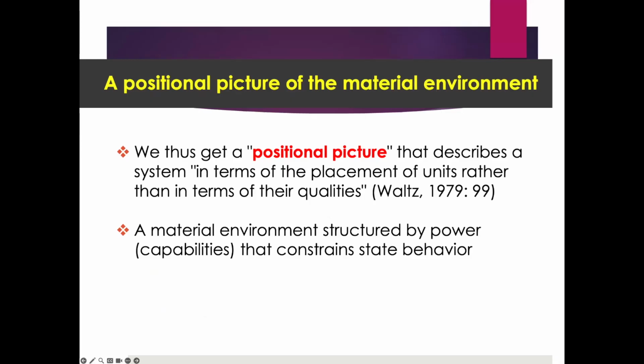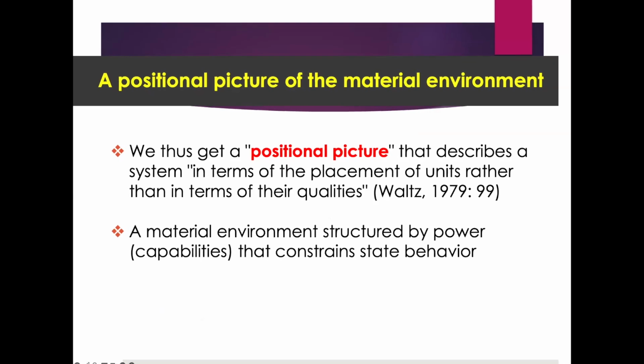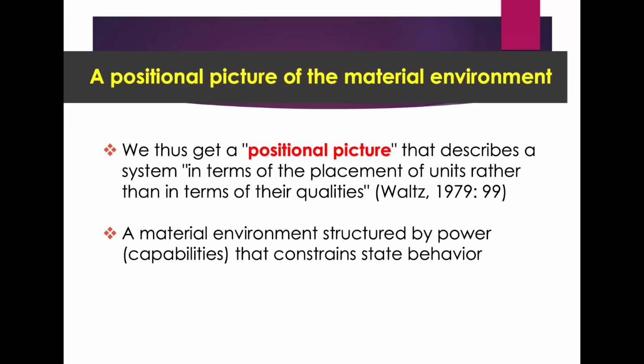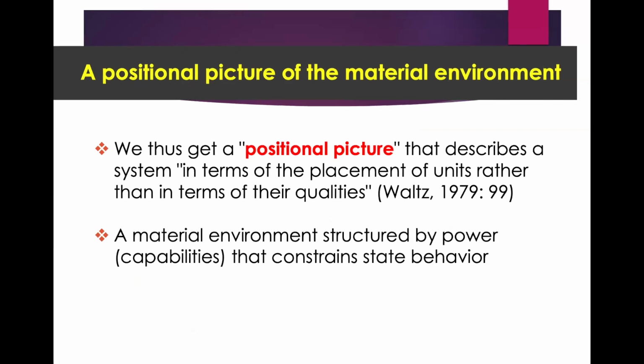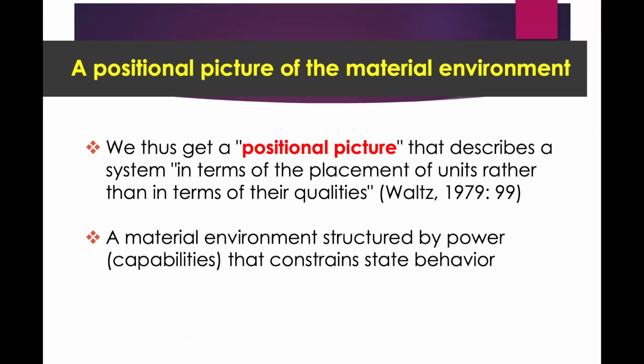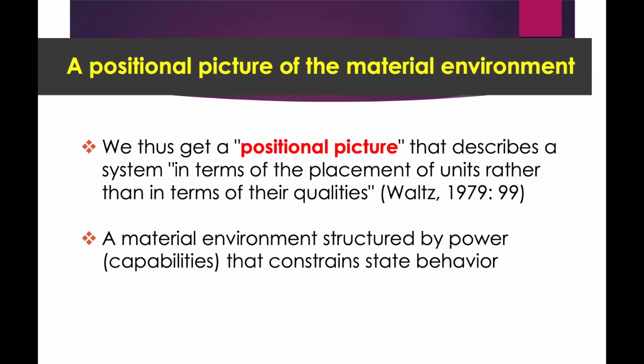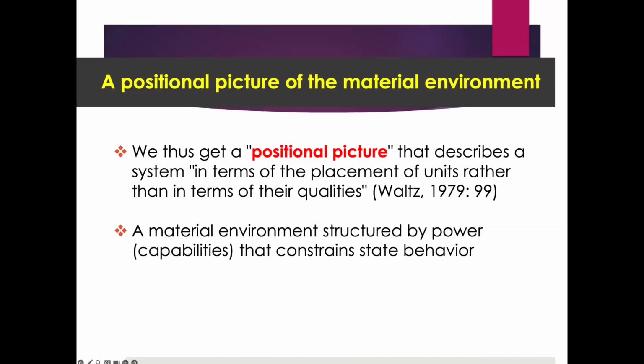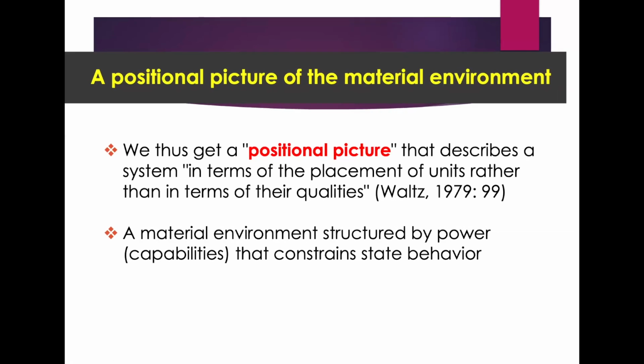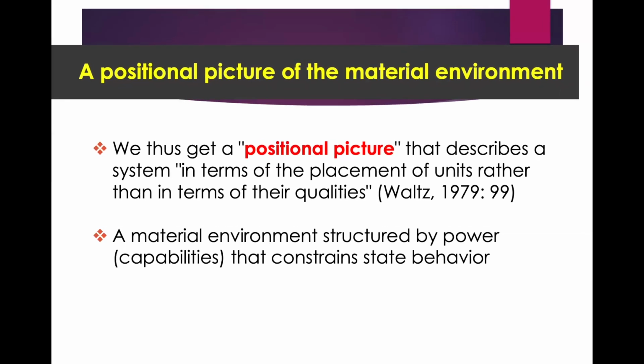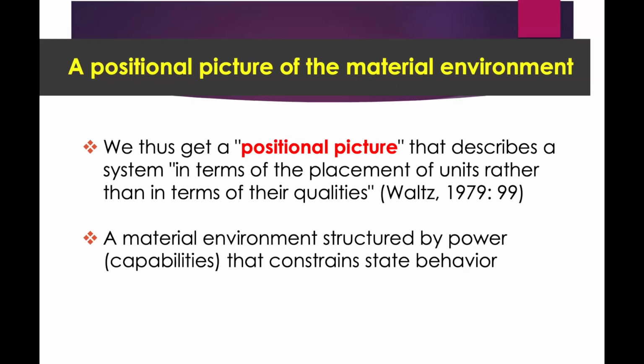And with this definition, we get a positional picture that describes a system in terms of the placement of units rather than in terms of their internal qualities. And we thus get a material environment structured by power or capabilities that constrain state behavior.